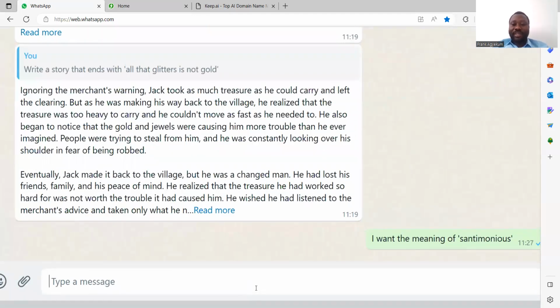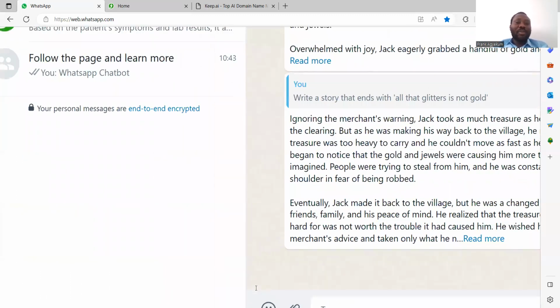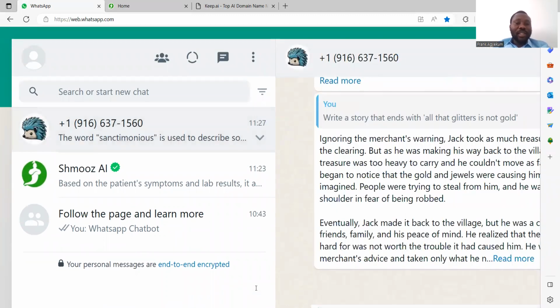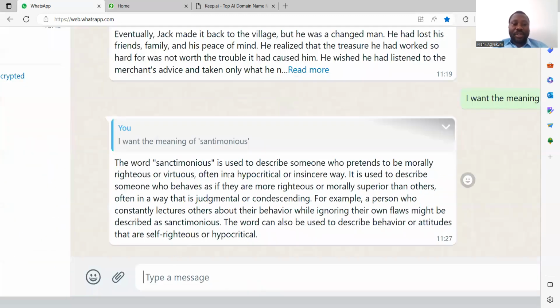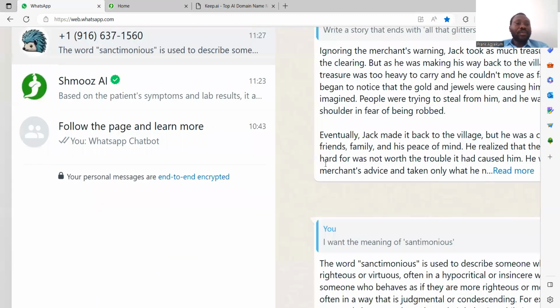So it is trying to find the meaning of sanctimonious for you. Okay, now it's in. The word sanctimonious is used to describe someone who pretends to be morally righteous or virtuous, often in a hypocritical or insincere way. Okay, so you have the meaning of it.